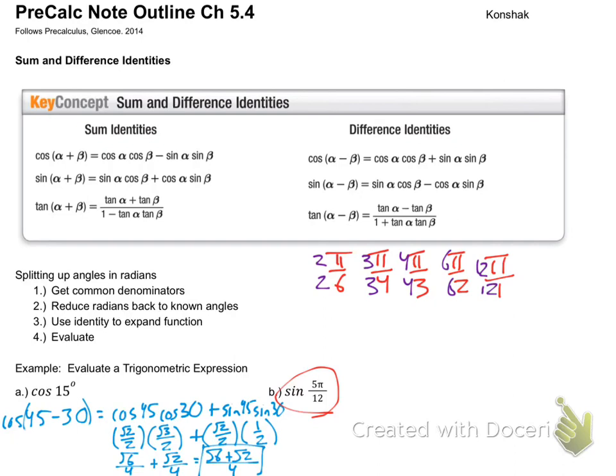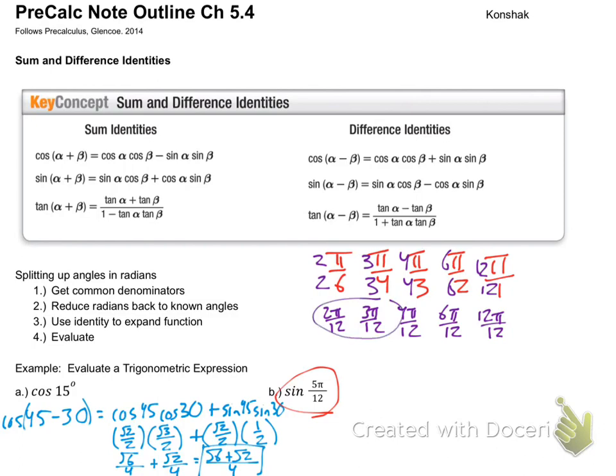So therefore, now I'm left with 2 pi over 12, 3 pi over 12, 4 pi over 12, 6 pi over 12, and 12 pi over 12. Can you guys somehow formulate a way to get 5 pi over 12? Yeah, 2 pi over 12 plus 3 pi over 12.